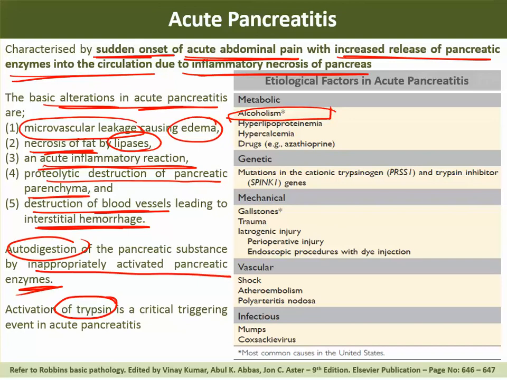Gallstones can also cause acute pancreatitis. Gallstones also lead to acute pancreatitis in the Muslim population, most commonly in females. So gallstones causing acute pancreatitis is the most common scenario.